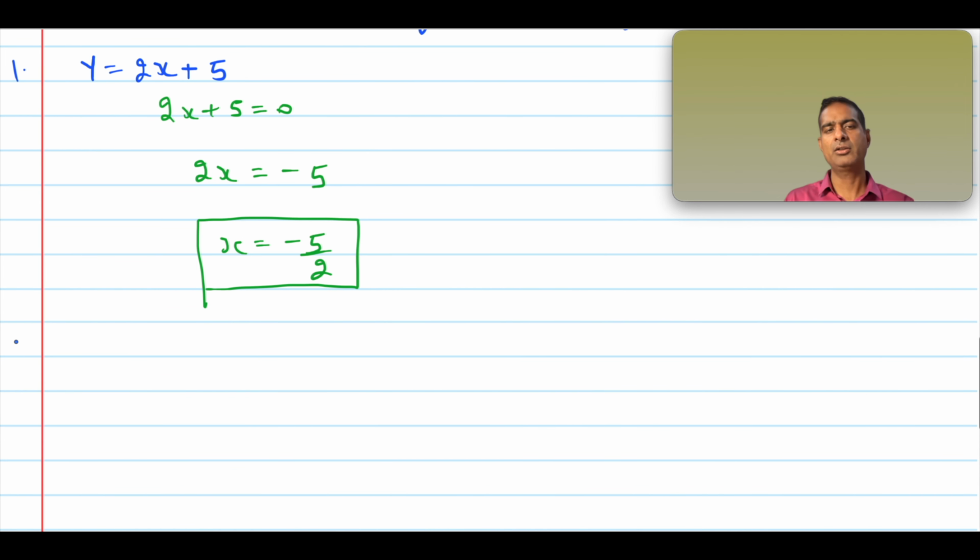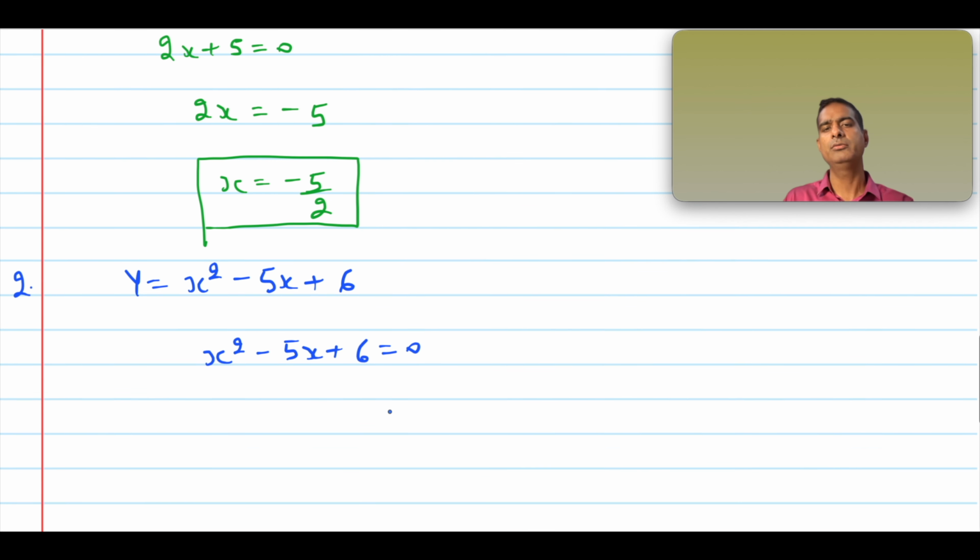Now let us take a quadratic polynomial and try to find out its zeros. So for example, let y is equal to x square minus 5x plus 6. Now we can find out its 0 by equating the right hand side to 0. So equate x square minus 5x plus 6 is equal to 0.